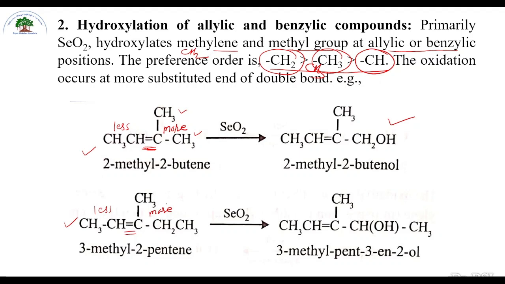And here, one is CH3 and another alpha is CH2. So preferentially CH2 will be oxidized or hydroxylated, as this is the preference order. So CH2 is hydroxylated and we get 3-methylpent-3-en-2-ol.